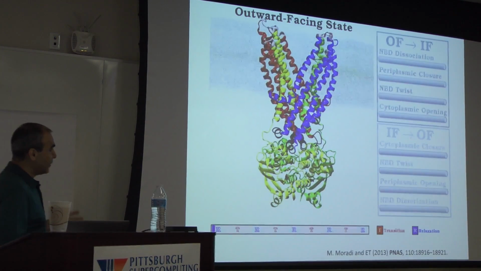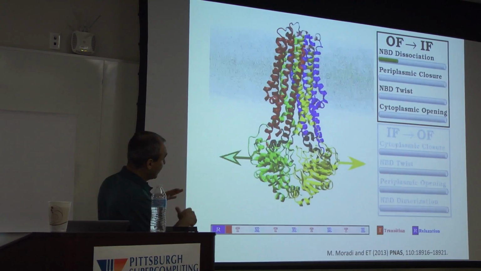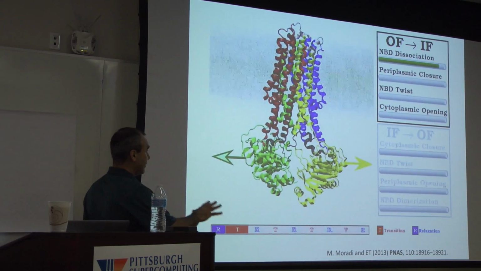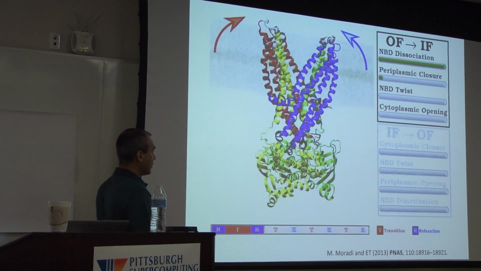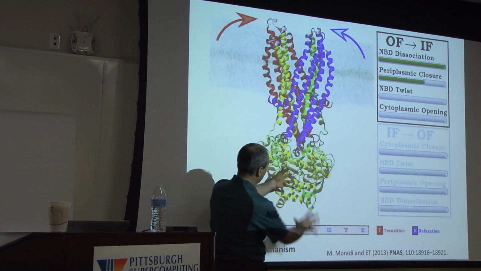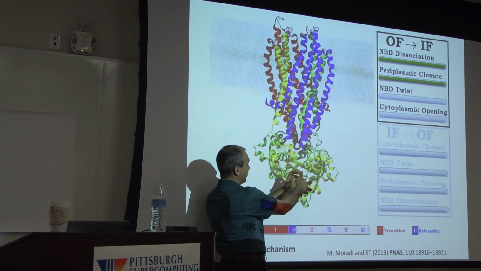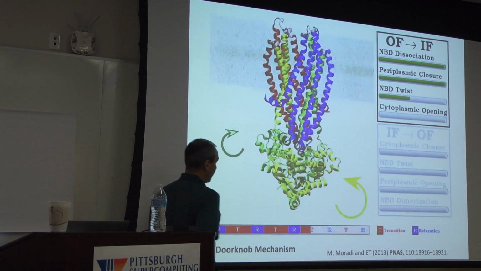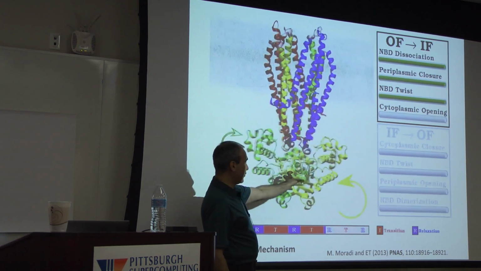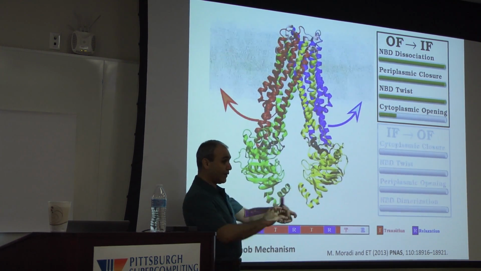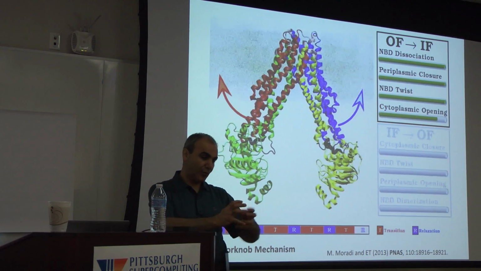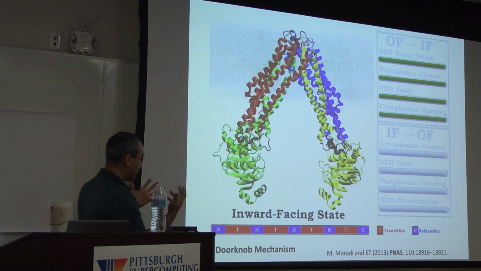Based on this, we now have what we think is the complete structural transition cycle. It includes even the rotation of these two elements with respect to each other. We call it a doorknob. So you have to turn the doorknob before you open. Otherwise, it's high energy because the protein doesn't like it.